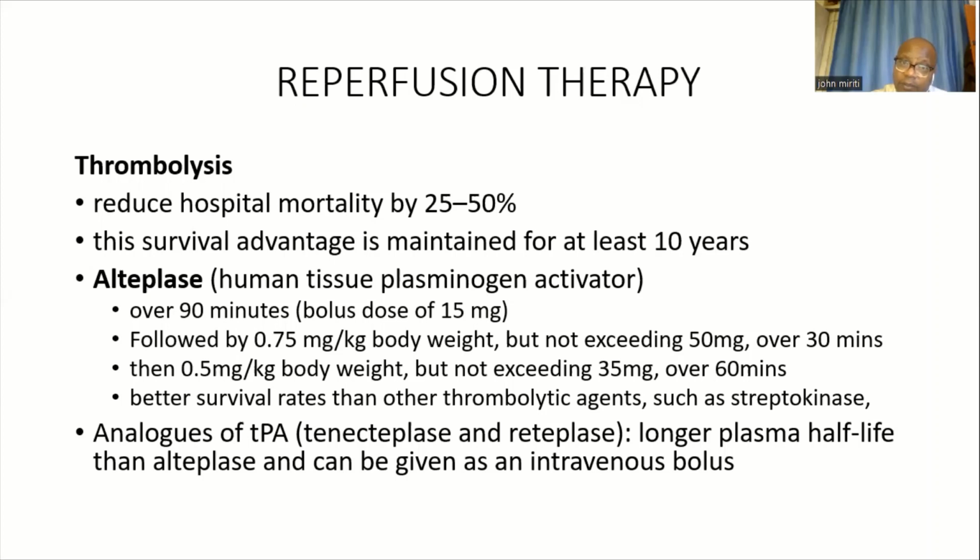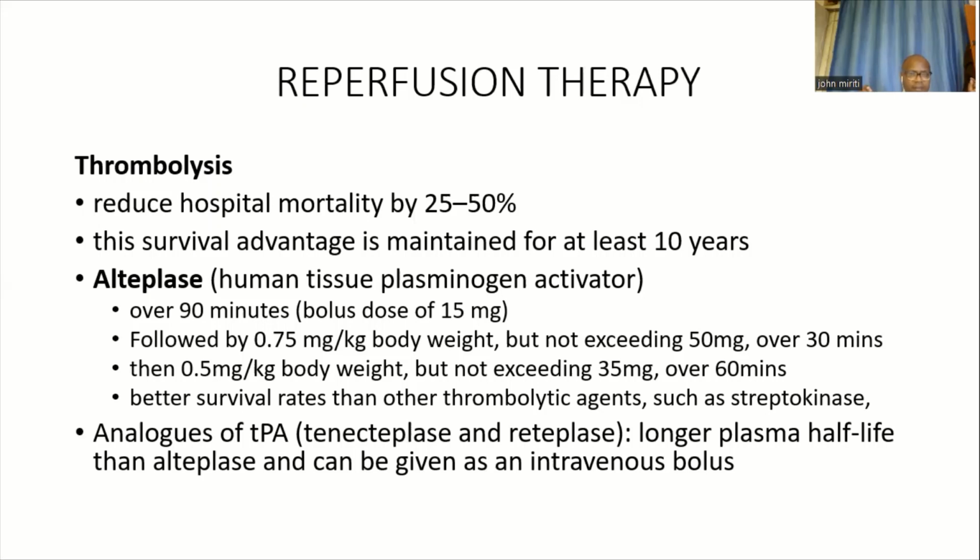human tissue plasminogen activator over 90 minutes, a bolus dose of 15 milligrams, followed by 0.75 milligrams per kg body weight, but you should not exceed 50 milligrams over 30 minutes. Then 0.5 milligrams per kg body weight, but not exceeding 35 milligrams over 60 minutes.